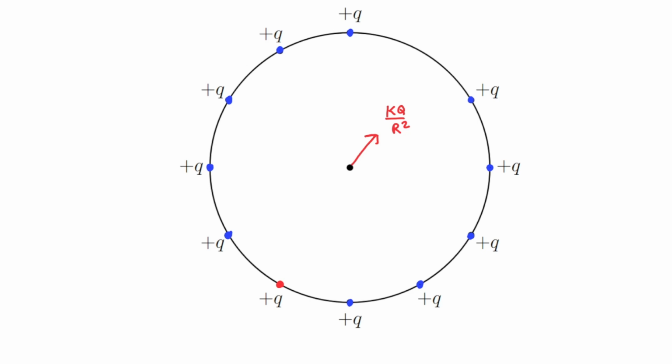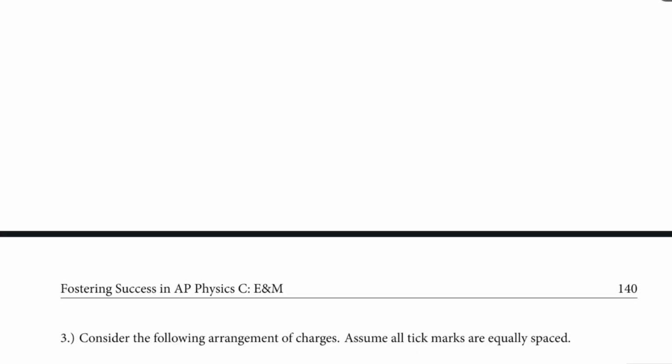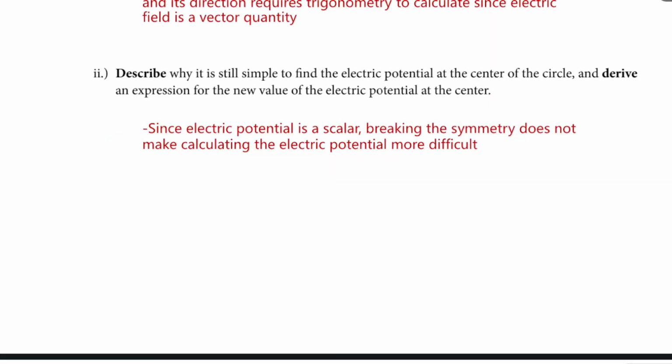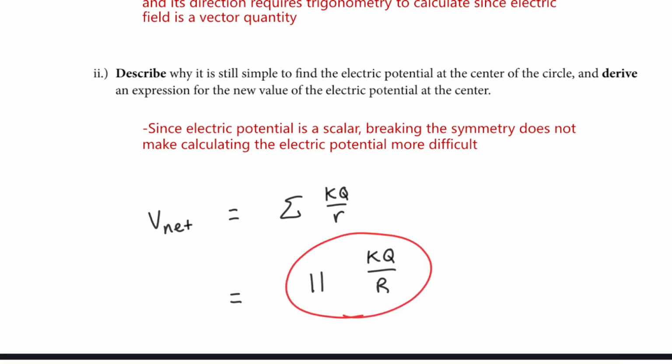And since everything happening here is equal, we just can use symmetry again and use the fact that electric potential is a scalar. So V net, it's still the sum of all the KQ over R's, except now I just have 11 of them instead of 12. So, no issue here.